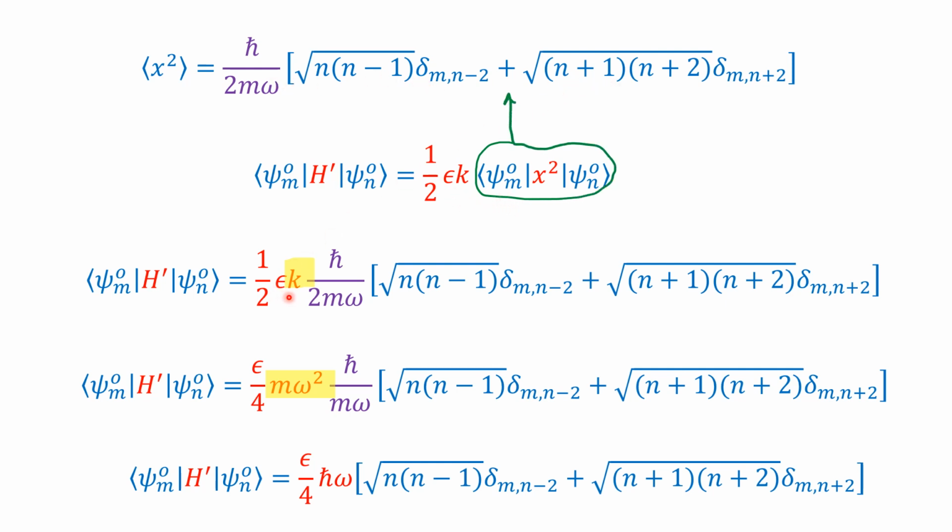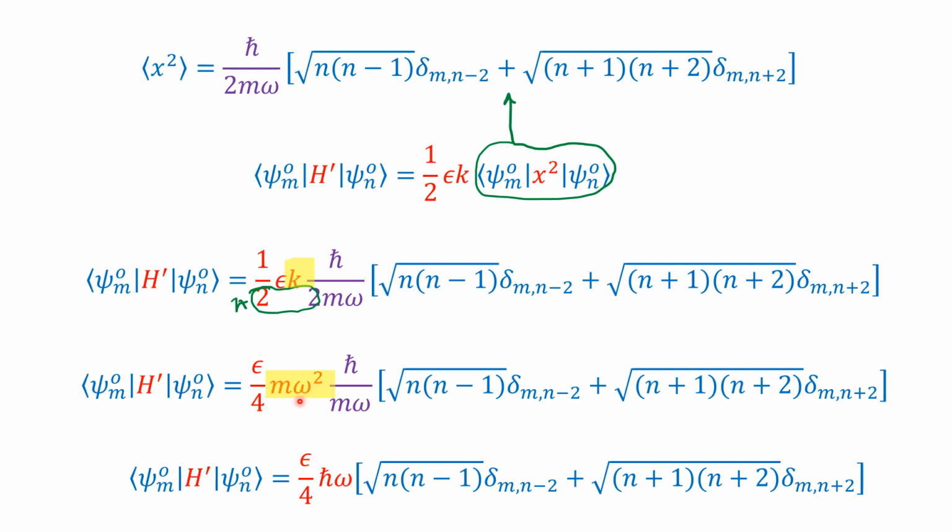Then this inner product will be replaced by this term. Of course, we have half epsilon k square. Here k is equal to m omega square. So I have replaced k by m omega square, and here you have 2 and here you have 2. 2 into 2, you will get 4.